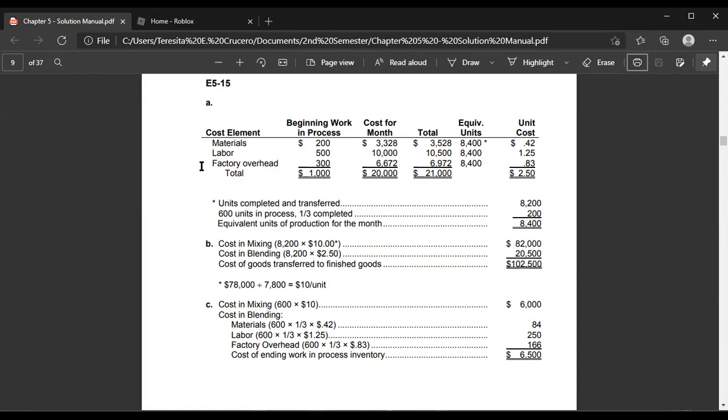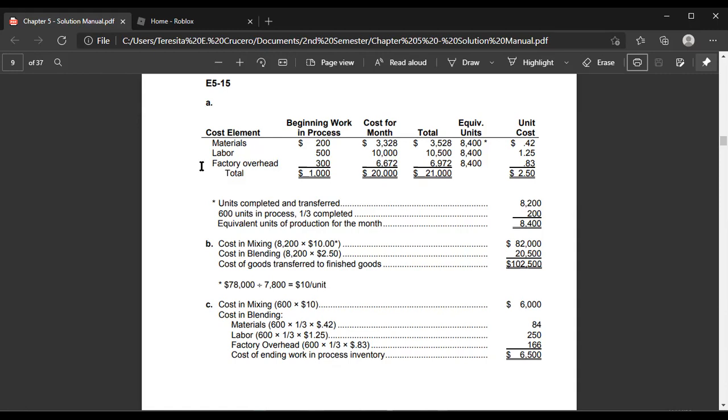And then the cost in blending, you are now given materials, labor, and factory overhead. We have now the cost in blending. So we have to get the cost, and take note that the work in process at the end is 1/3 completed. So we multiply the materials, labor and factory overhead, then 600 units times 1/3.